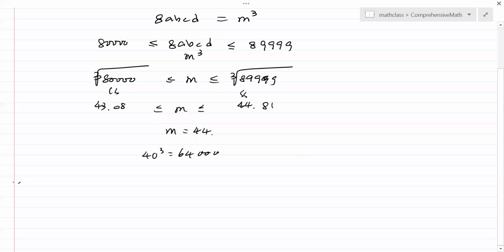My next problem I want to discuss is this: a number we call a visible factor number if it's divisible by each of its non-zero digits. That's a very strange number.